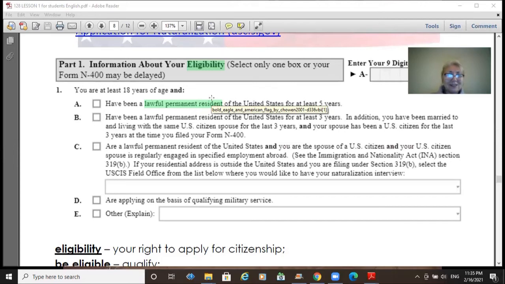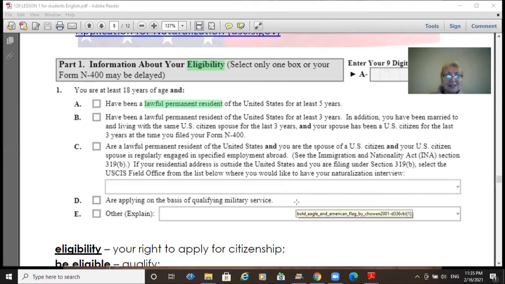Another reason you want to become a US citizen is because you want your minor children who are less than 18 years old to be US citizens. Once you become a US citizen, your minor children automatically become US citizens.